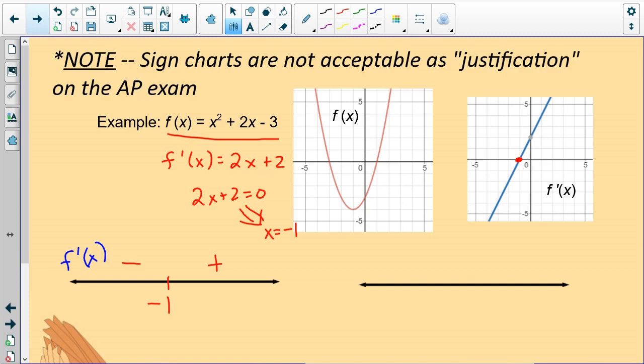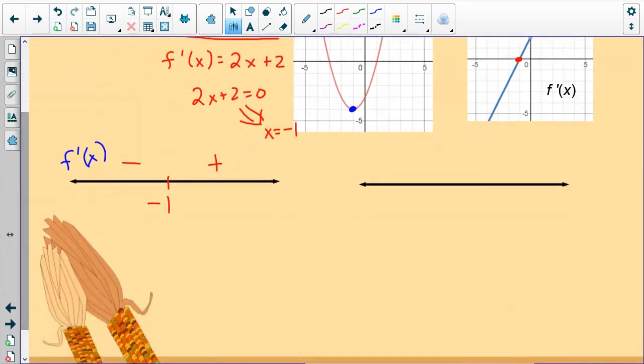So if the problem is asking, for example, is there a local minimum or a maximum or something? I can tell that there is a local minimum at x equals -1 because f prime changes from negative to positive. That's actually what you have to say.